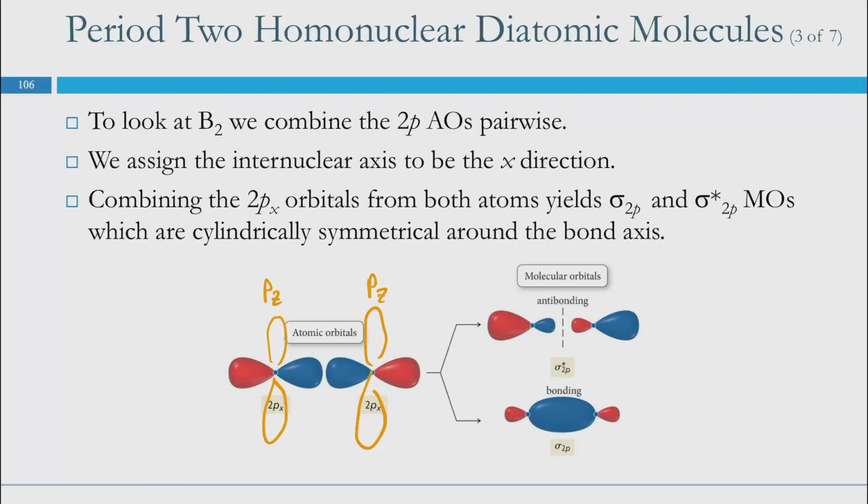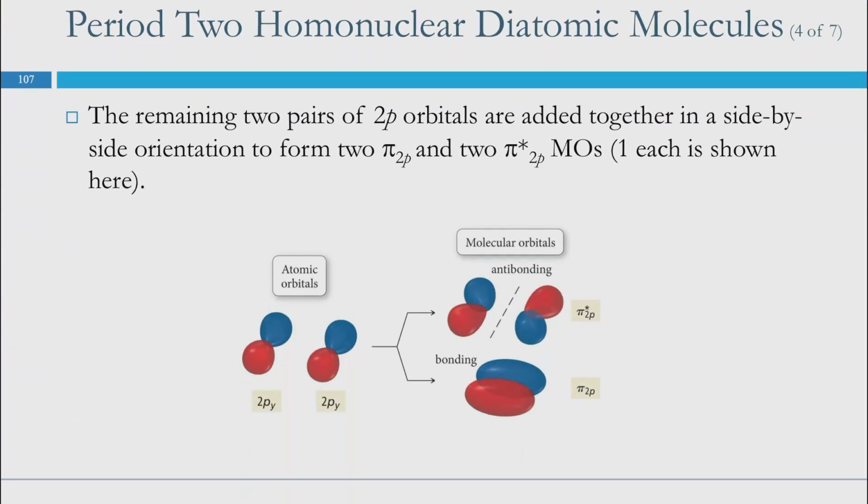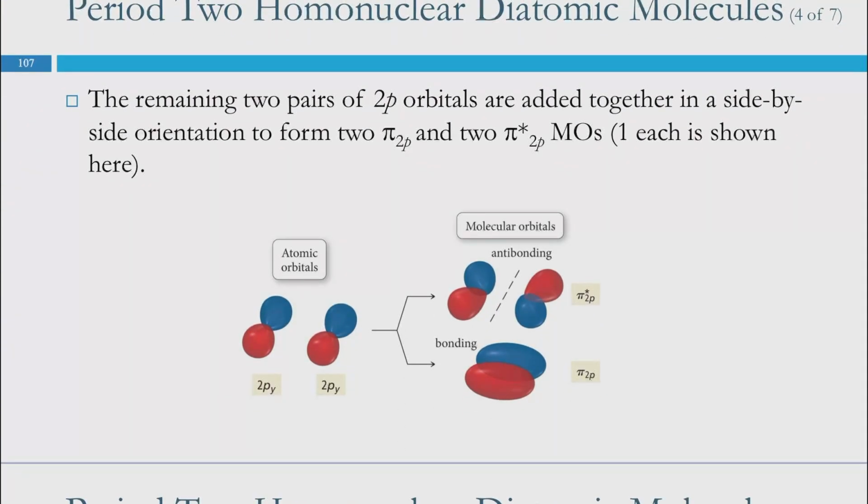And then we would also have py coming out of the board and going into the board. And those are also not going to have direct overlap. And this is what we see sort of here.